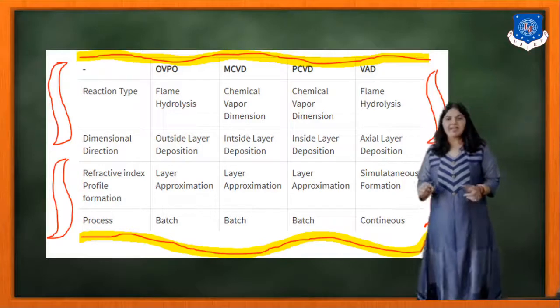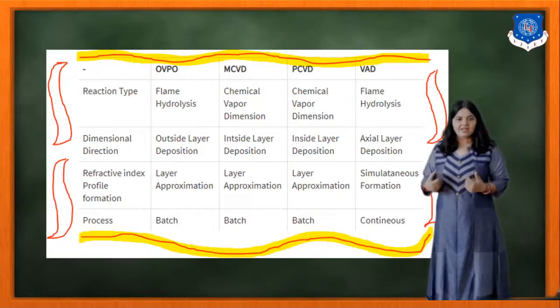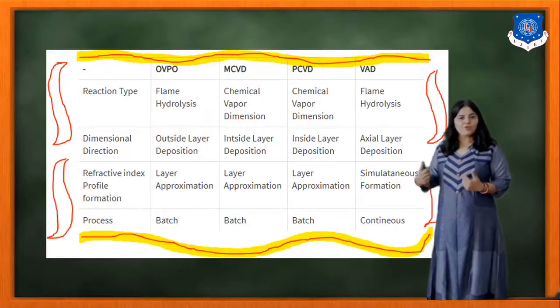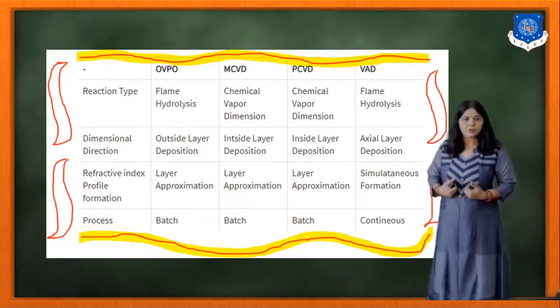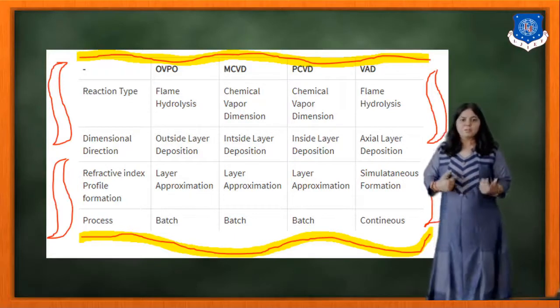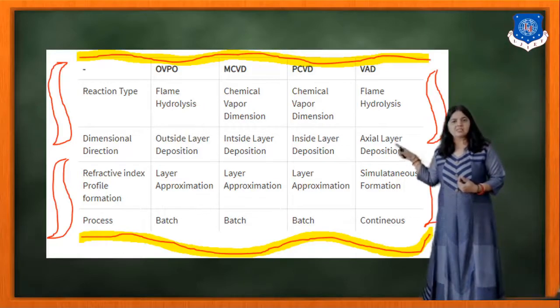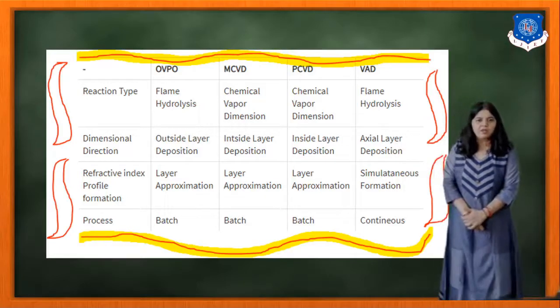Similarly, the MCVD and the PCVD, they both are in the same category. Dimensional direction. OVPO, outside layer deposition. MCVD, inside layer deposition. PCVD, inside layer deposition, and VAD, axial layer deposition.